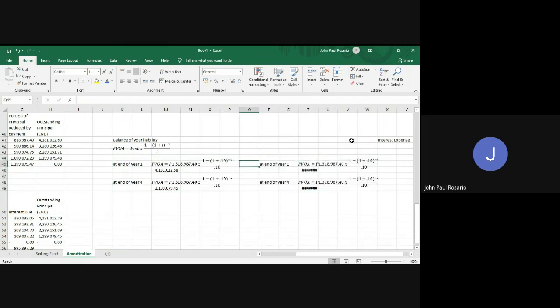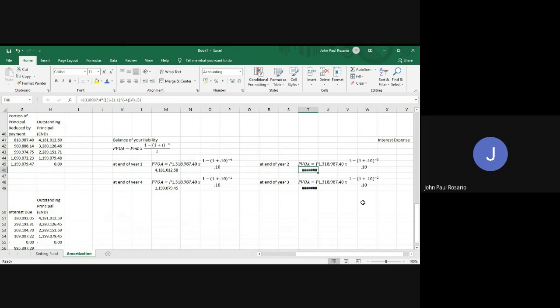Okay, this is at the end of year 2. This is for 3. Okay, sorry, since this is year 2, it should be minus 3. This is year 3, this is minus 2. So again, it depends on how many unpaid periods there are.